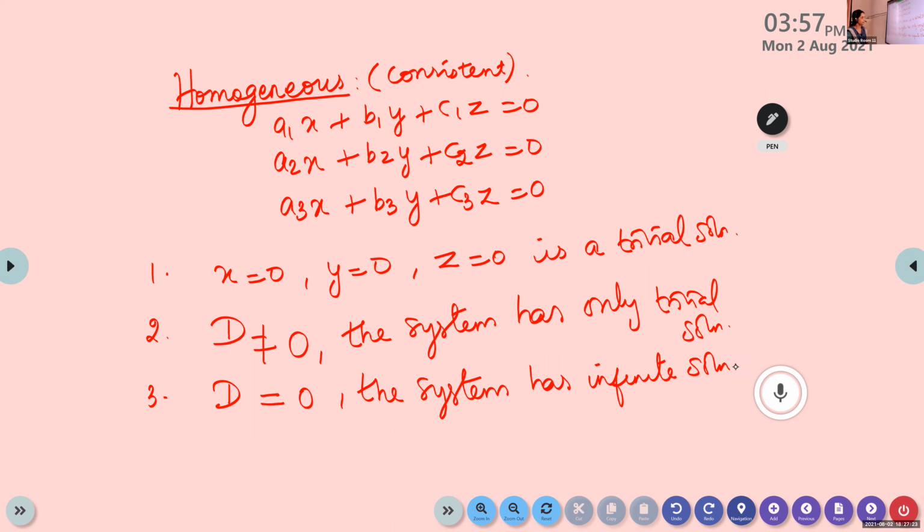If the determinant of the coefficients is not equal to 0, then the system has only the trivial solution. Otherwise, the system has infinite solutions. Is it okay, children?